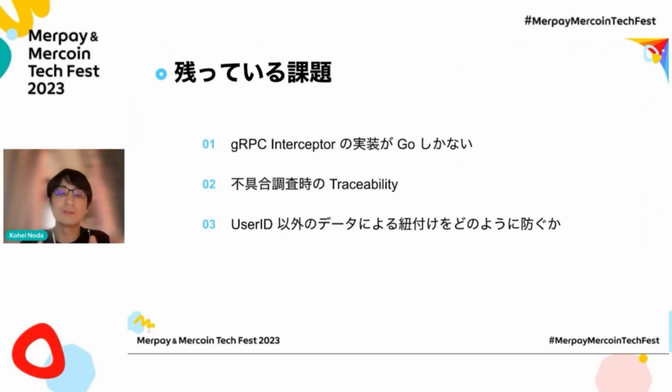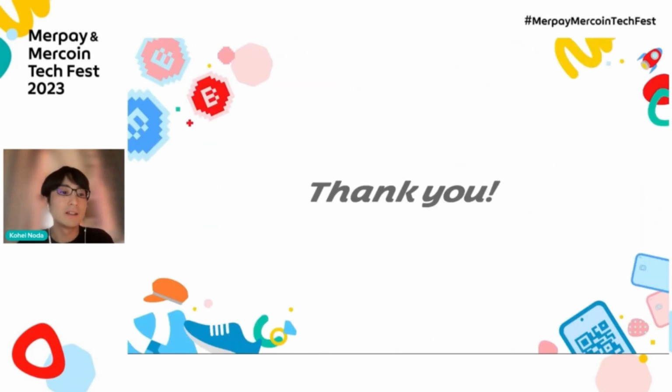For example, if you have a history of product purchases on Mercari and share it with Mercoin, the same data can be stored in the respective DBs, so they can be linked without user ID. This is quite an important issue, and we don't have a good solution yet, but we are considering how to prevent these IDs from being linked.